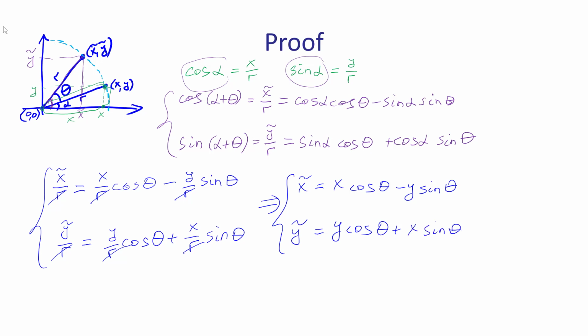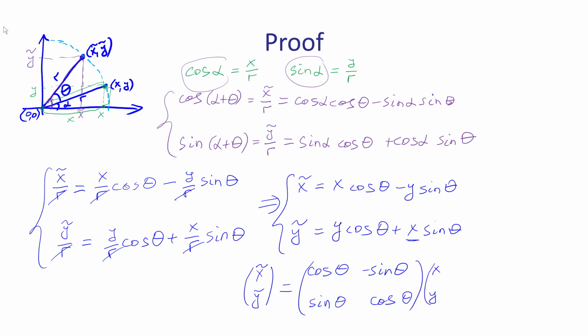In matrix form, it can be written like that. X tilde, y tilde equals the coefficients, which are cosine theta, minus sine theta, sine theta, which multiplies x, and cosine theta, which multiplies y, multiplied by x, y, and this is exactly the rotation matrix that we discussed before.